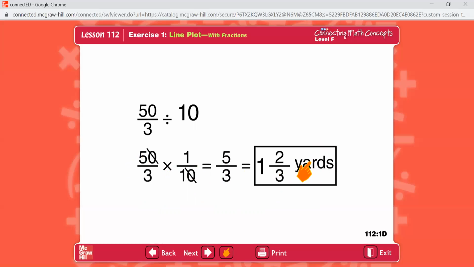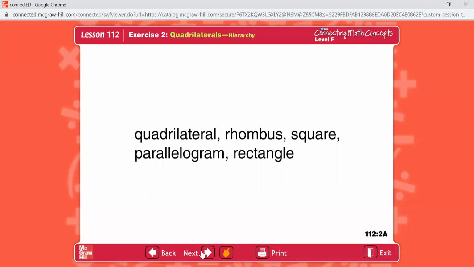Now open your textbook to lesson 112, find part 1. I'll read these words to you twice through. Quadrilateral, rhombus, square, parallelogram, rectangle.